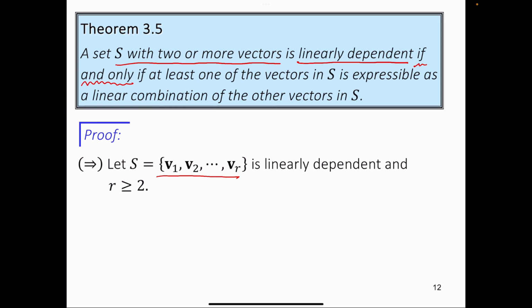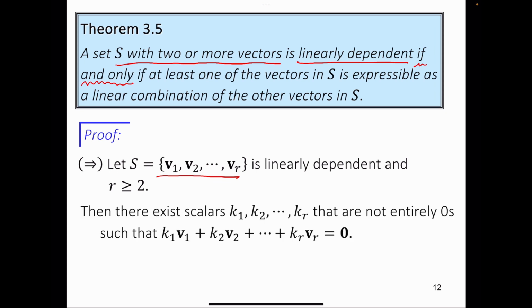Which means we can also have other non-trivial solutions. That means there exist scalars k1, k2 up to kr, not entirely zero, such that this equation holds true.